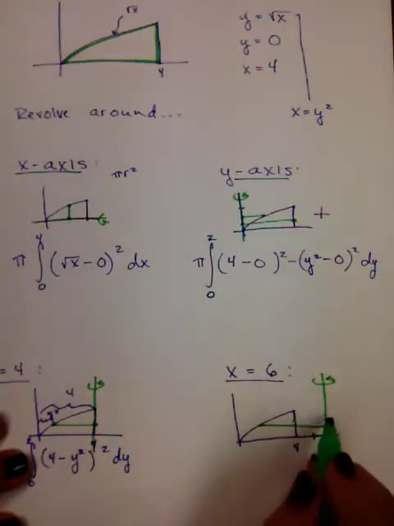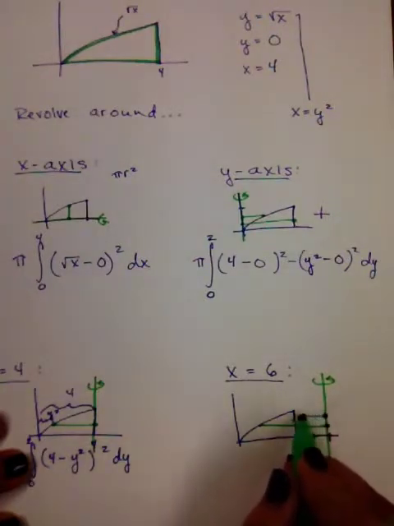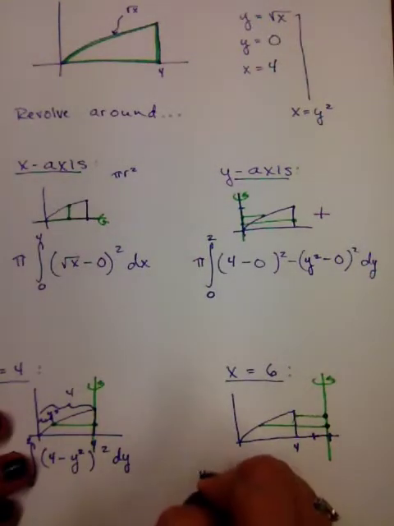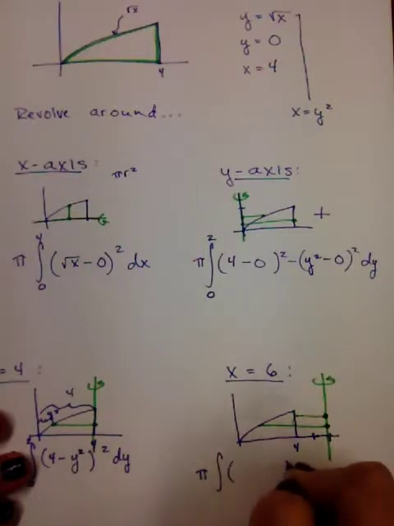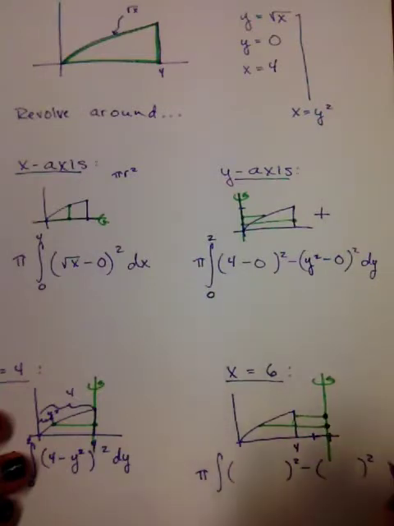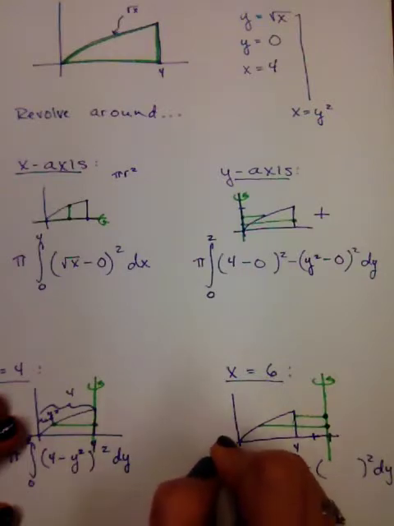There's some open space here, so I'll need a second radius. When you have 2 radii, it's pi, your big R squared, the long one, minus the little r squared. Your radii are perpendicular to the y-axis, so this is a dy. We're keeping the same limits of integration, 0 to 2.